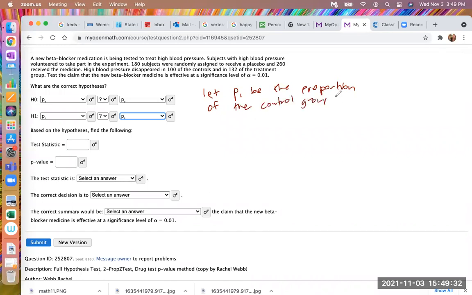That's the same thing. Control group is the one that receives a placebo. That had high blood pressure disappear?